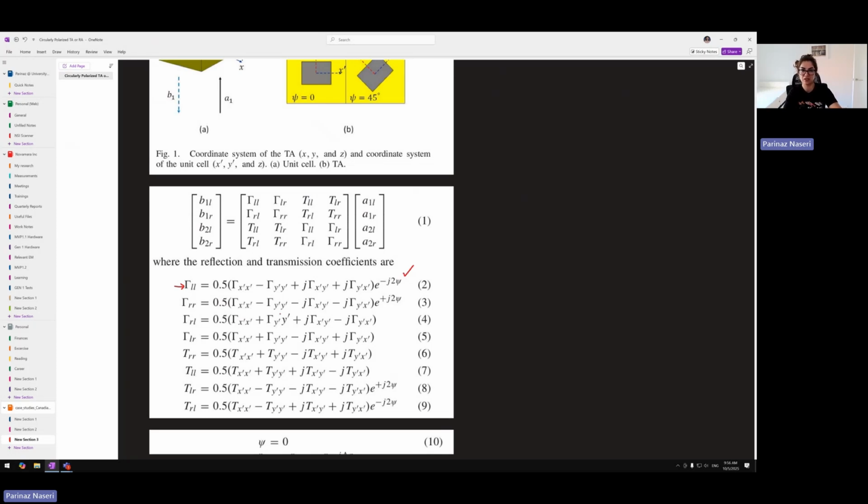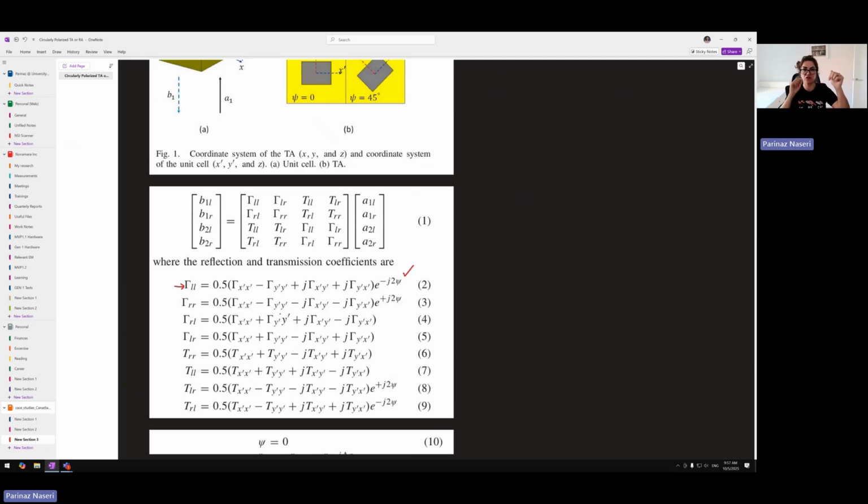use these formulas in your ANSYS HFSS simulation, if you're exciting the unit cell with linearly polarized waves, to calculate the circularly polarized reflection and transmission coefficients. That's why I wanted to present these formulas, these equations, because sometimes I get a question: how do you do that?